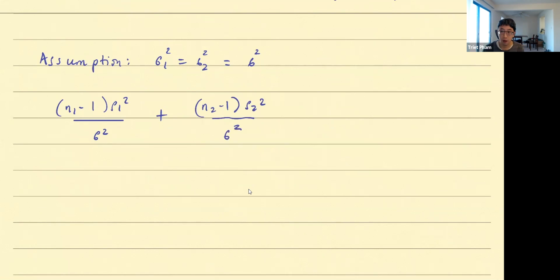Clearly, it's just (n1 minus 1) s1 square plus (n2 minus 1) s2 square, over sigma square, because now the sigma squares have the same denominator.